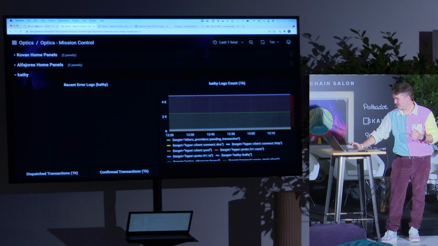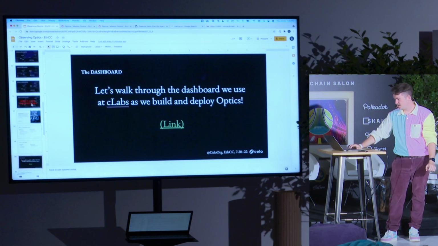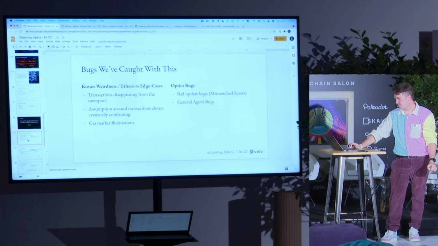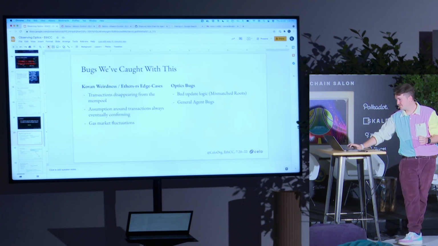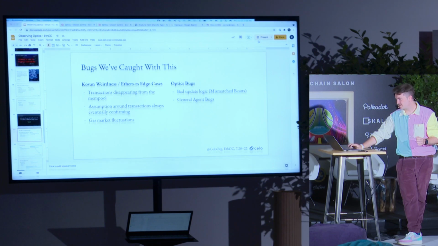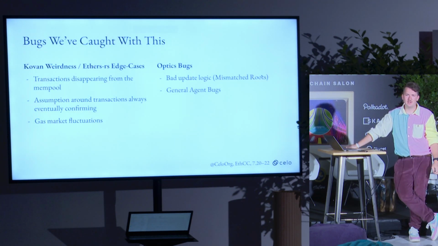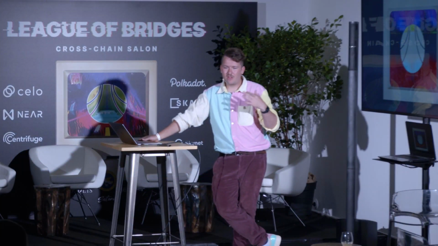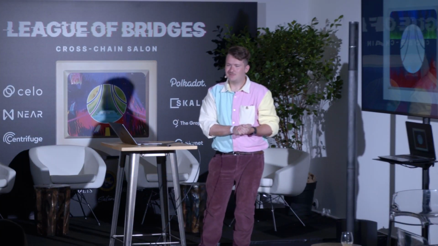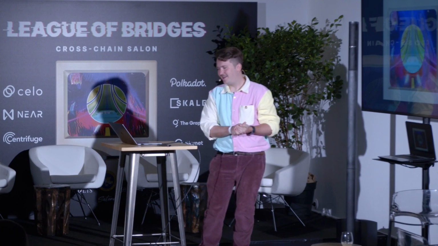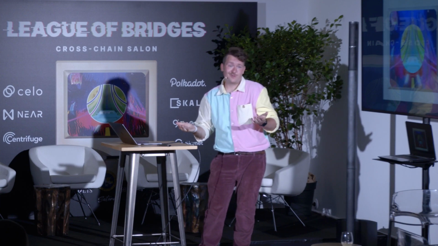Next thing we're going to talk about is the bugs. So we've detected a bunch of really interesting sort of weirdness with this system already. In particular, the Kovan stuff that I was talking about. A lot of the libraries are written with kind of Ethereum mainnet in mind. And you can make some assumptions in mainnet that you can't necessarily make in a testnet environment. In particular, the fact that transactions will always eventually confirm.